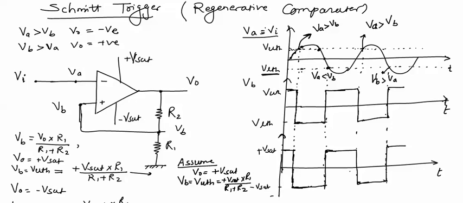One more thing we'll have here: from this point to this point, or from this point to this point, the input signal completes one cycle, and from this point to this point again the input signal completes one cycle, and the time required for one cycle is the time period, that is T. If we project these 2 points on the output waveform, we get that the time period of the input waveform is equal to the time period of the output waveform also, because in this particular time T, the output is completing its one cycle.